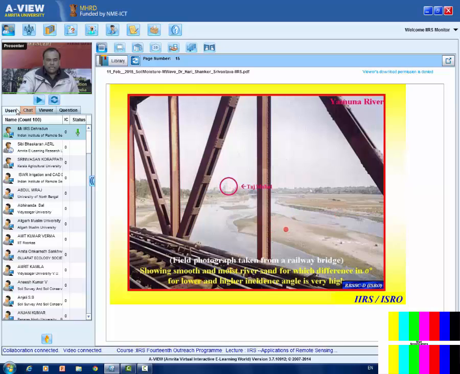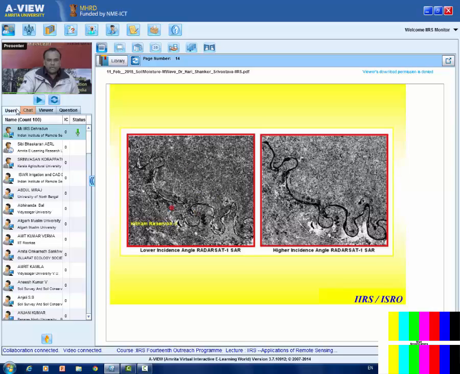Whereas at low incidence angle, due to high soil moisture, this moist area gives high backscatter and the smooth water body river gives low backscatter, and that is why you see again the dark line and white line. The white line represents moist river sand and the dark line represents water.